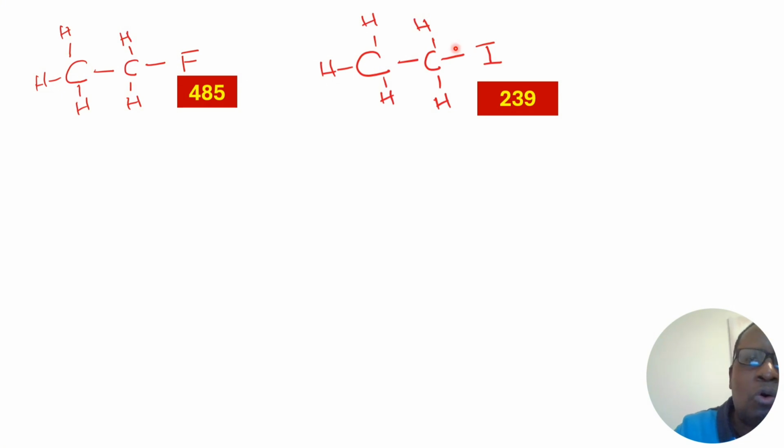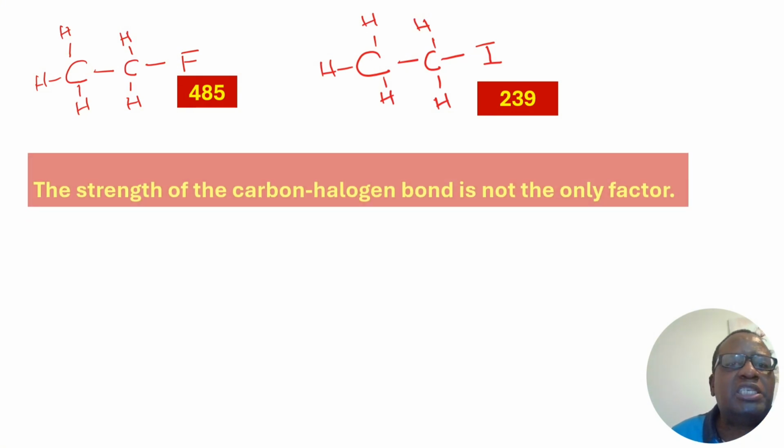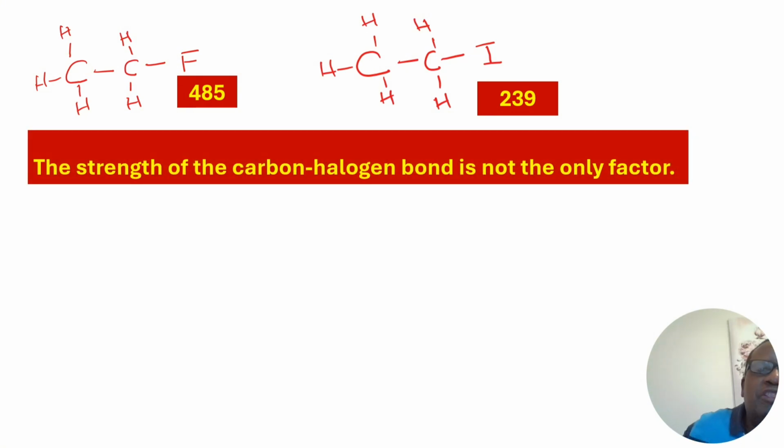So all compounds having the C-I bond give a faster reaction compared to the C-F, the C-Cl, or the C-Br.